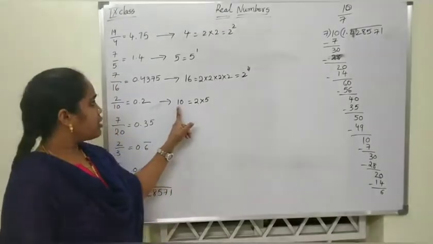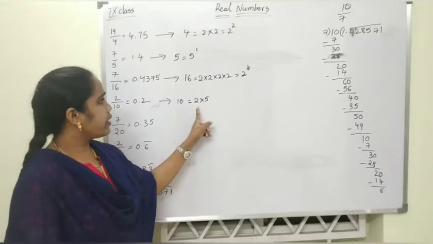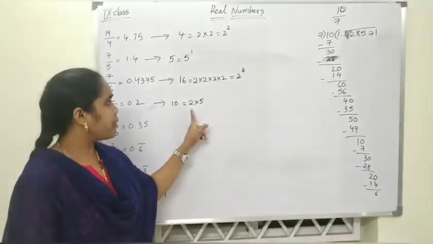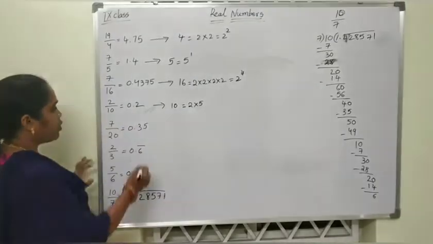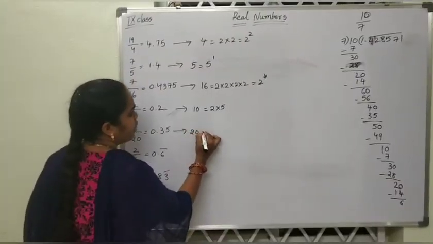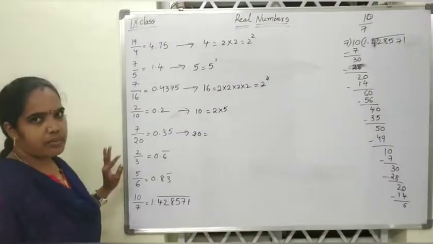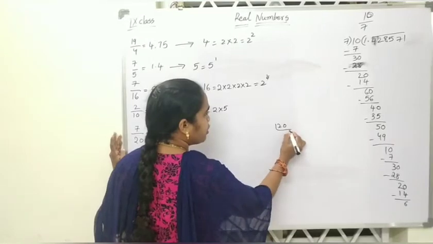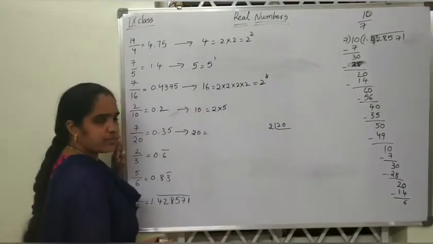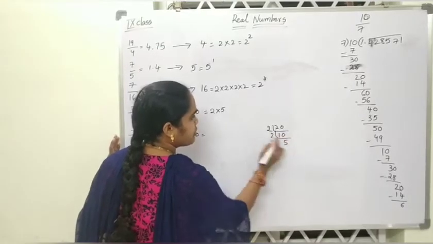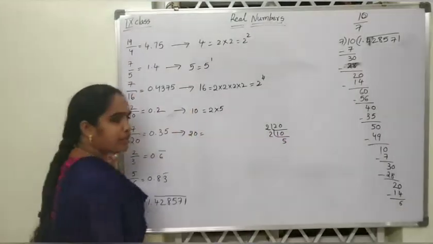Other than primes, don't write. Now here 20, as a product of primes. If you don't know, do this method: 2 table 10 times, again 2 table 5 times. 2, 2, 2, 5.